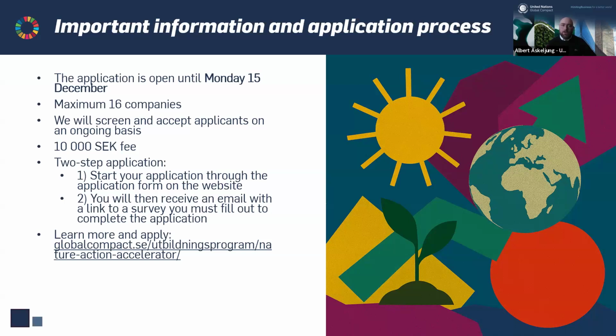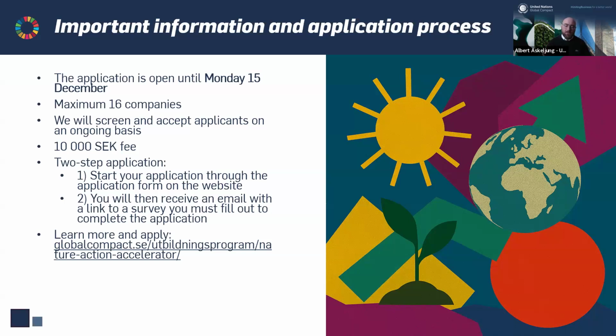And also, as you can see, there's a 10,000 Swedish kronor fee. We see it as a commitment fee. It is very important that all of you, all the participants, participate throughout the whole program, not least for that peer exchange component. So we do have a commitment fee, which will also support us running the program.